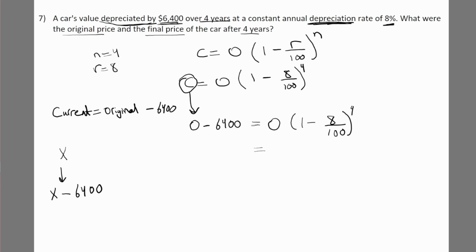So the way we're going to do this is firstly evaluate this term right here. So we're going to plug in our calculator 1 minus 8 over 100 all to the power of 4. We're going to get 0.716 original.